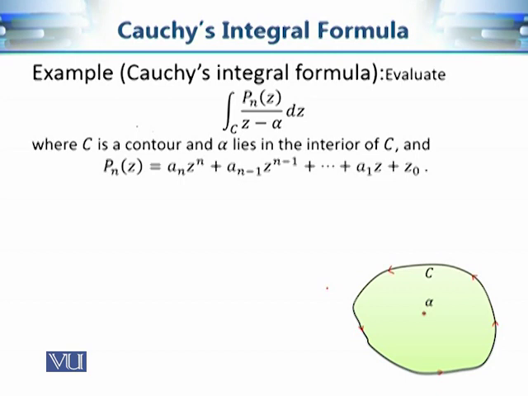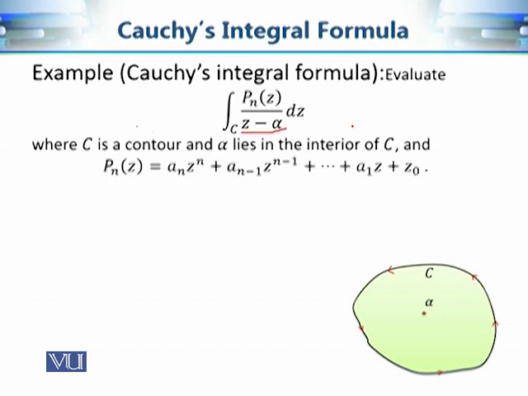Now the point is this contour integral cannot be equal to 0, because this integrand is not an analytic function, because this alpha lies inside this contour C, and there is z minus alpha in the denominator. So Cauchy-Goursat theorem cannot be applied here, and according to that result it is not equal to 0.